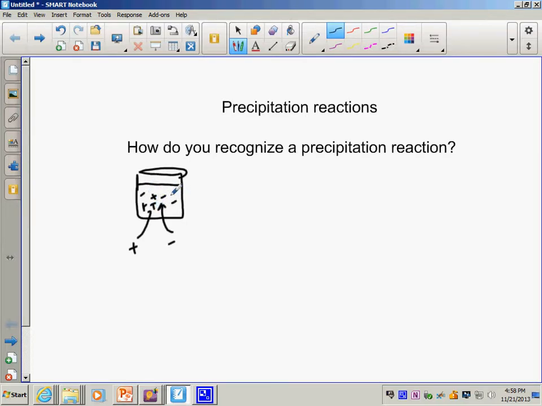I'll just put a bunch in here. This could be, let's say, sodium chloride, NaCl, so then this would be Na+ ions and Cl- ions floating around inside here, and they're quite soluble. Then we're going to have another beaker, which has more cations and more anions dissolved in it.